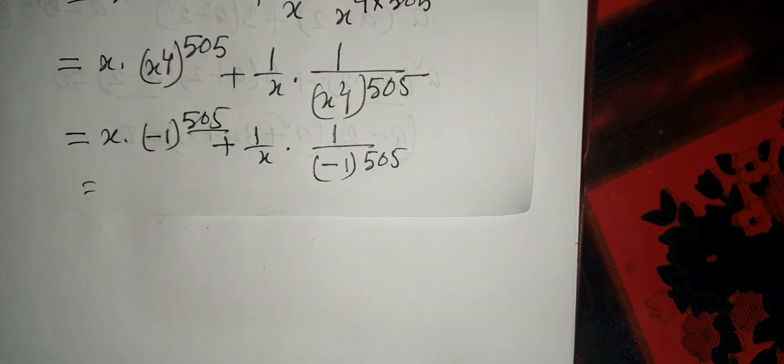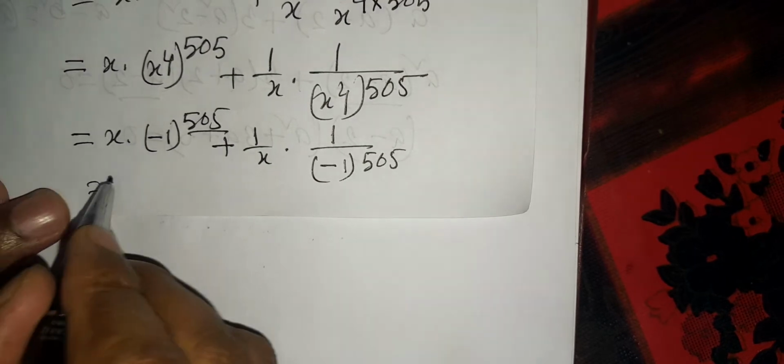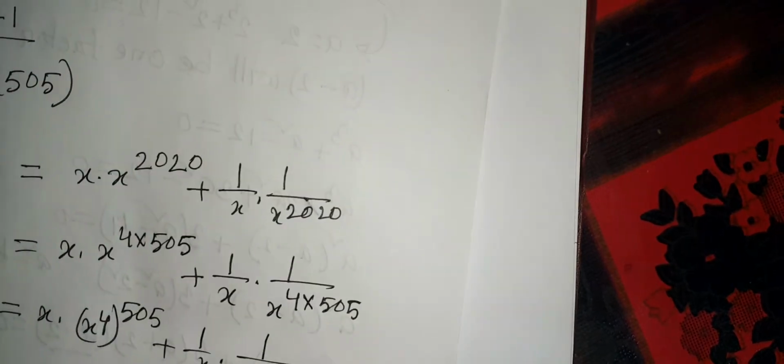So an odd number of times multiplying minus 1, we get minus 1. So x into minus 1 plus 1 by x into 1 by minus 1. Now we can write here, we get minus x minus 1 by x.